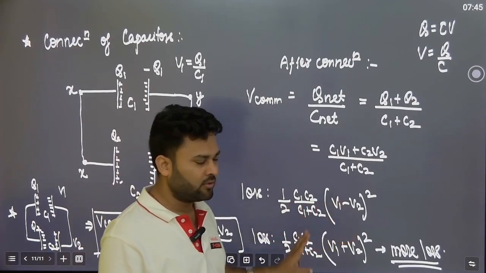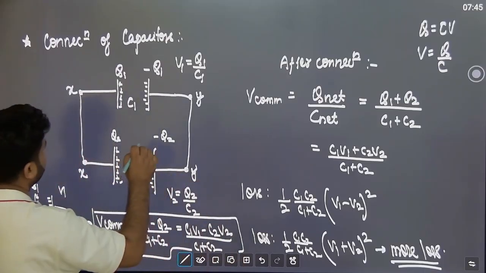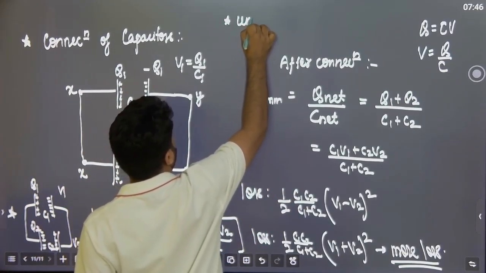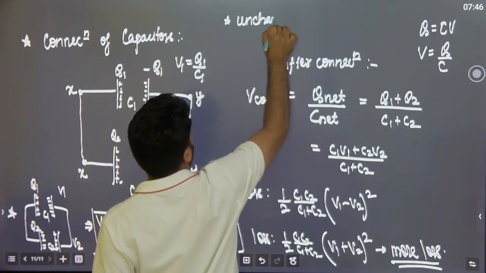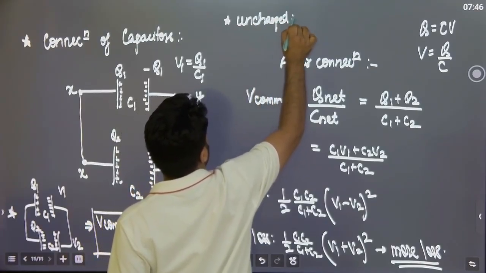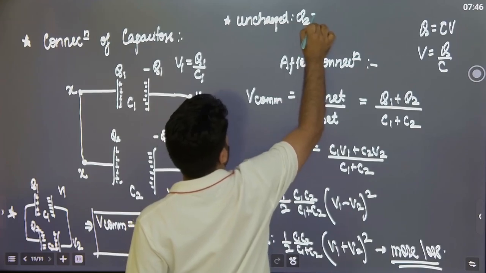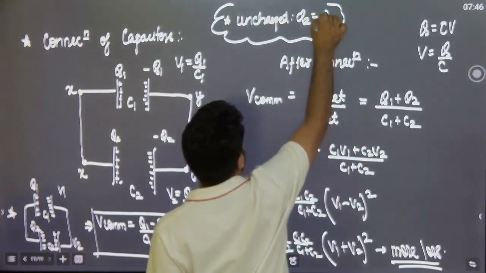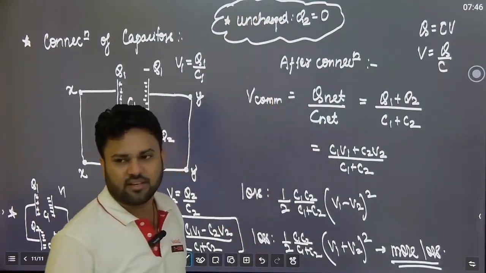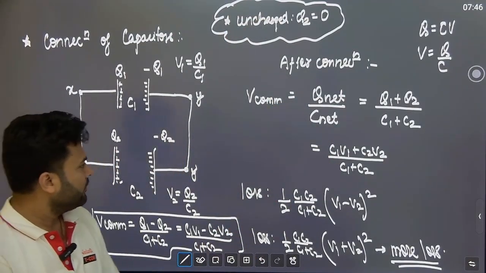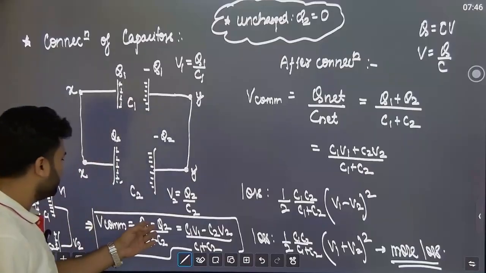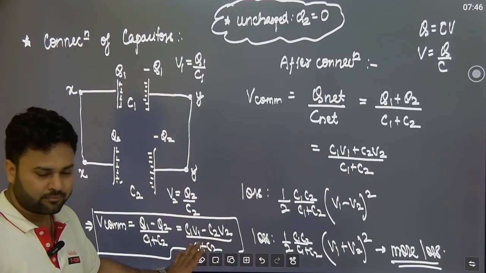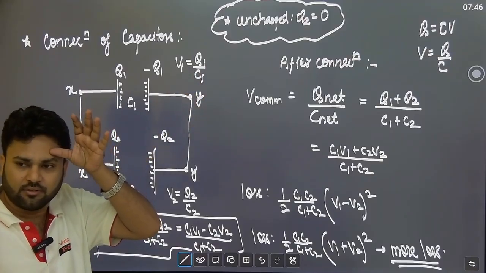If one of the capacitors is uncharged, then take Q2 equals 0, and the same formula you apply. There will be no changes in any other formula. Here 0, similarly here also 0. But C1 plus C2 will be there. Just the Q2 value you have to take 0.